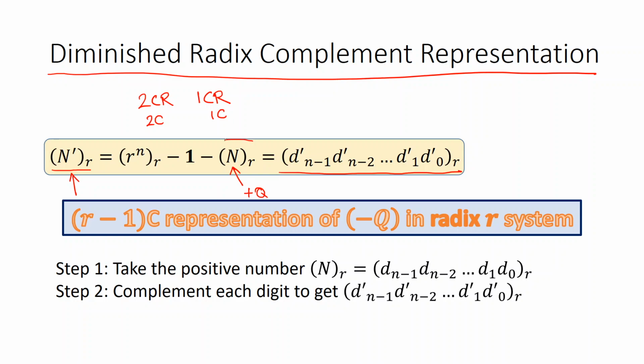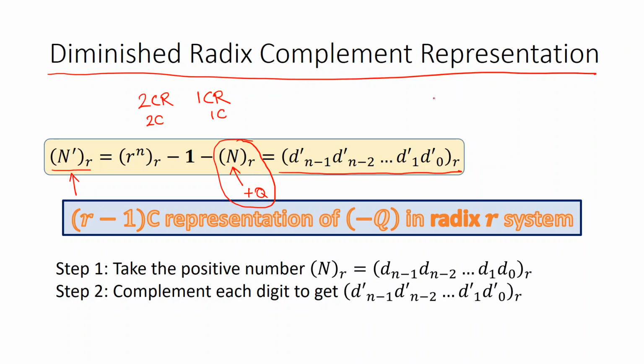So again we are at the question: what is this number which represents plus q in diminished radix representation? If we know this number, we can also represent minus q by simply taking the complement of the digits. In case of binary, simply flipping the bits. So again the question is, what is the number which represents plus q in diminished radix number system?